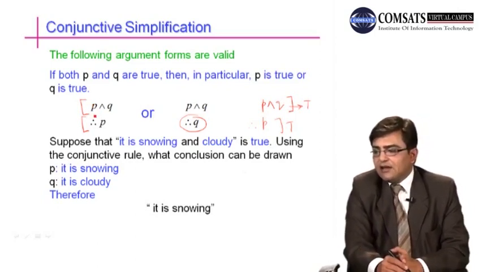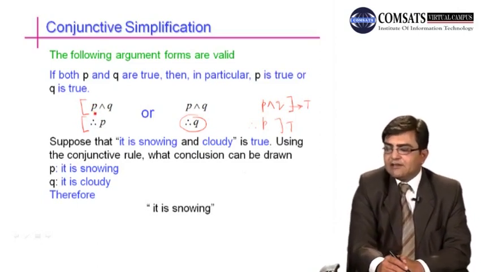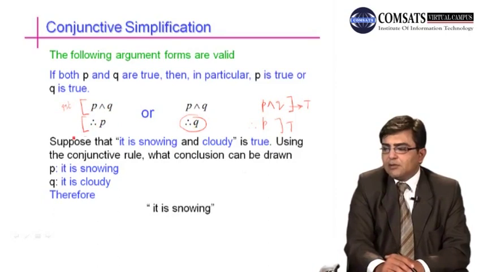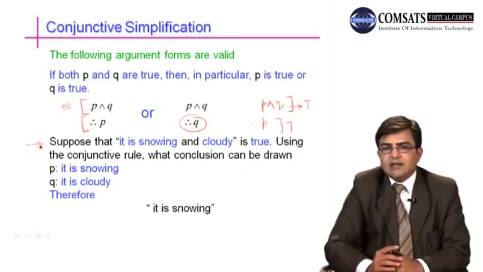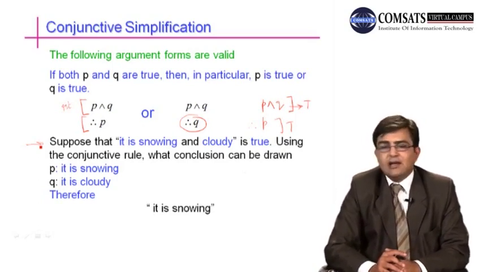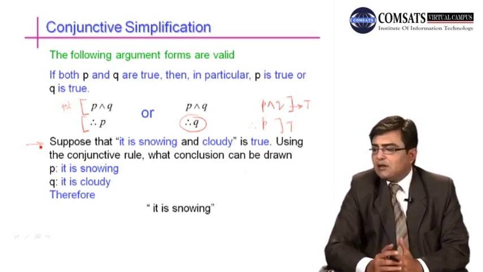Once again I repeat it, in conjunctive simplification, if we suppose the first premise P and Q is true, then this is only true when P and Q both are true. So we can conclude P is true, or we can conclude Q is also true. Suppose we see an example for this. Suppose that it is snowing and cloudy is true.